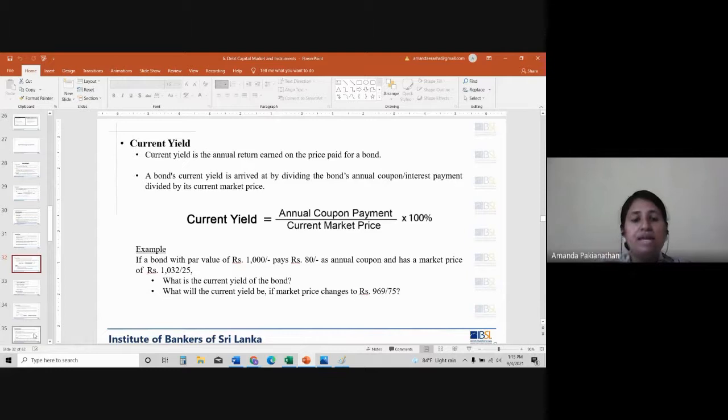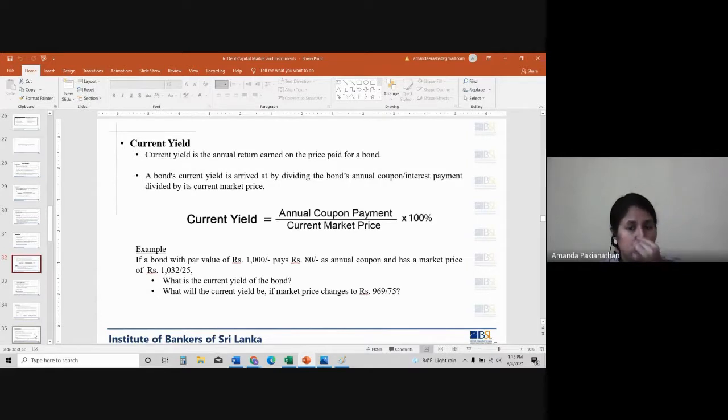If I'm buying it today, what's going to be my return? So if you're buying it today, how much are you going to pay? That depends on the current market price of that bond. So you compare the annual coupon payment with the ongoing current market price, and you get the current yield.